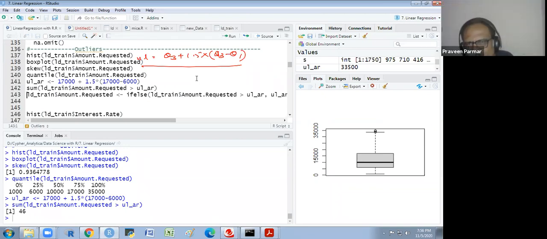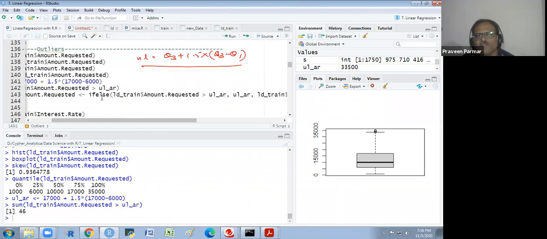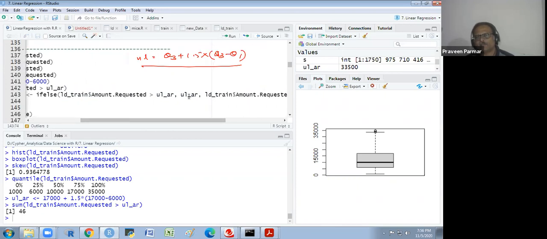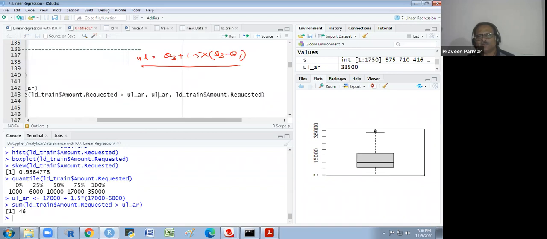We'll cap it. Capping means whichever value is greater than the outlier limit, we put the value of the limit there. It means we will put 33,500 there, whatever is greater than 33,500. So I am using the dollar amount requested column. What I am going to do here is an if else: in this column, the value which is greater than this upper limit will be imputed by the upper limit, and the other values will remain the same.